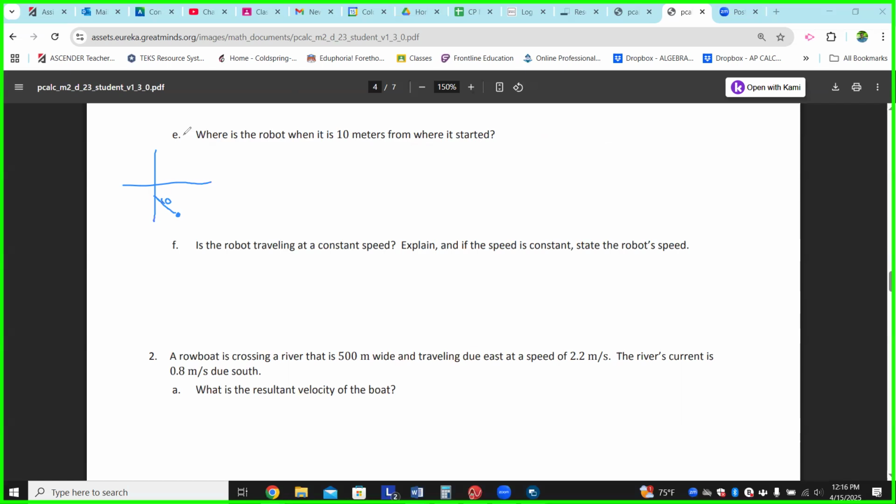So what we can do is, since I'm going to use part B, I'm going to try to do a rough sketch. Y'all good?